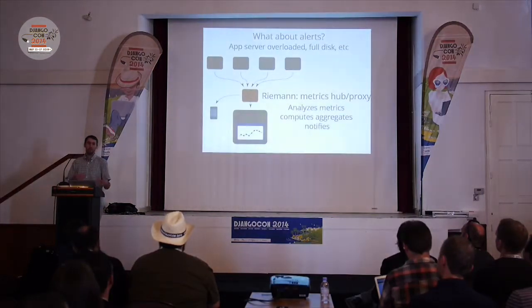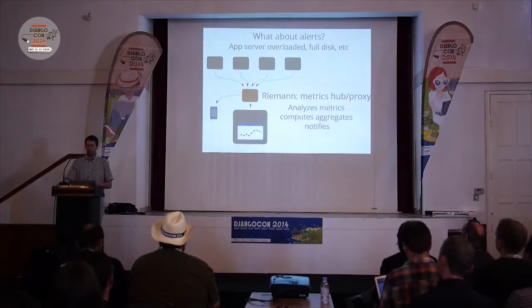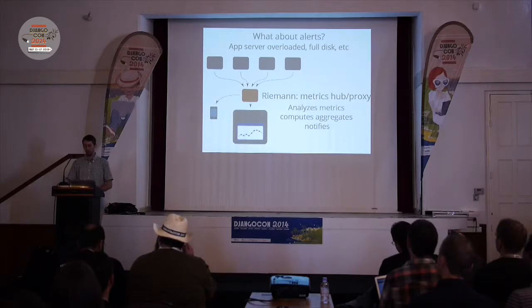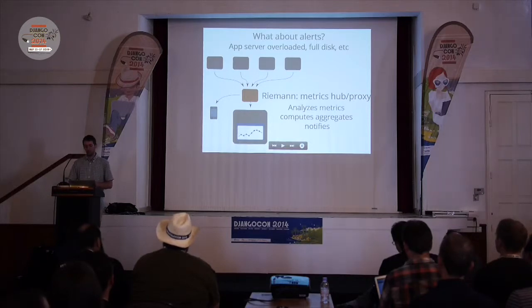So this was only for visualizing data, but sometimes we need to get alerts, like when an app server is overloaded and we need to provision a new one, or when a disk is full, etc. So for that we're using a solution called Riemann, which is basically a proxy in front of Graphite.